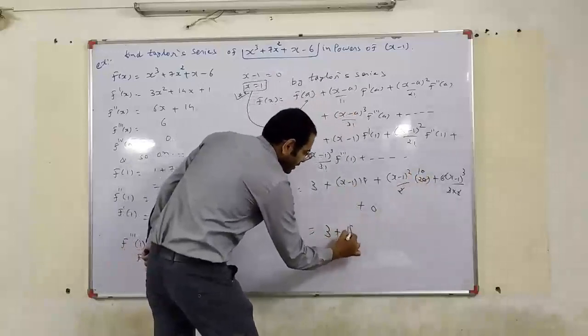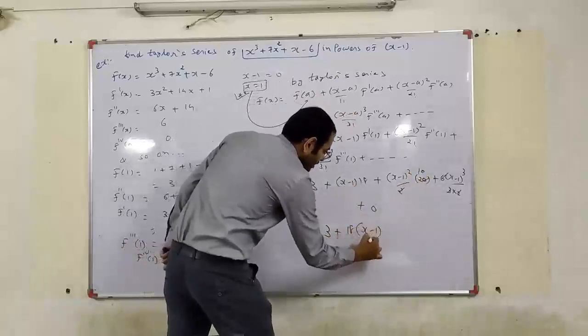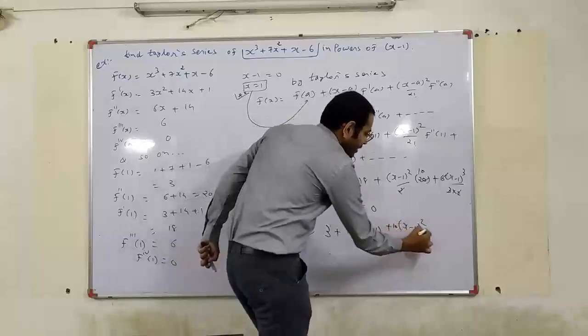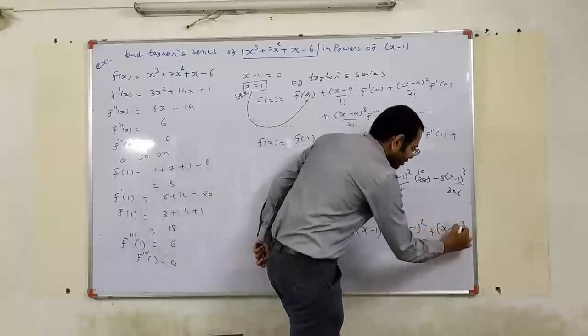Then our Taylor series is 3 plus 18 times x minus 1 plus 10 times x minus 1 whole square plus x minus 1 whole cube.